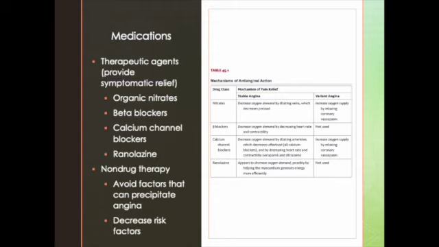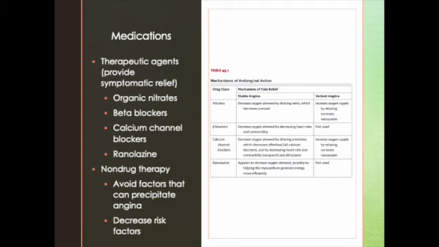Let's take a closer overview of these therapeutic agents, remembering that stable angina can be treated with the three main drugs: the organic nitrates, the beta blockers, and the calcium channel blockers. But like I've said earlier, we can also use ranolazine in combination to help with additional benefits.